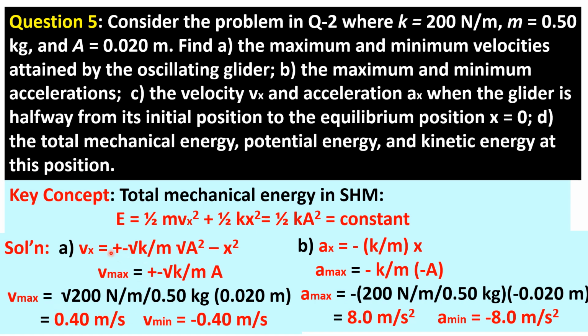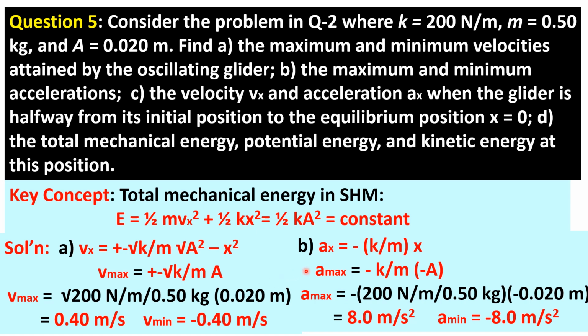Remember, our general formula suggests that we're expecting either a positive and a negative value for Vx. So if the maximum V is 0.40 meter per second, then it follows that the minimum is negative 0.40 meters per second.